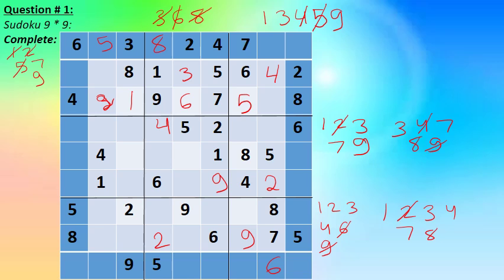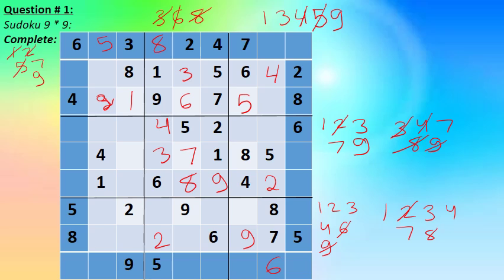Now 8 is between 6 and 9, so here we have 8. Now 3 is under 4 and 7 is between 3 and 1.